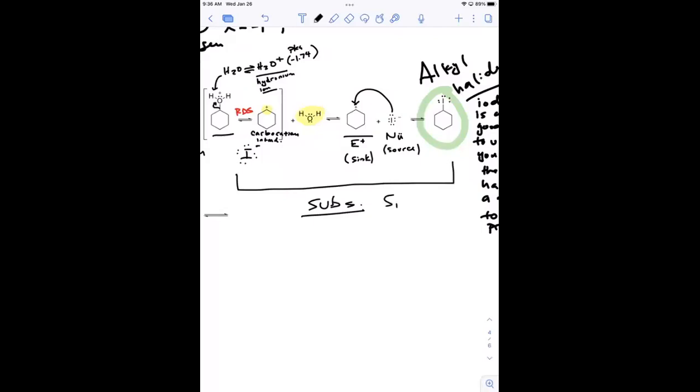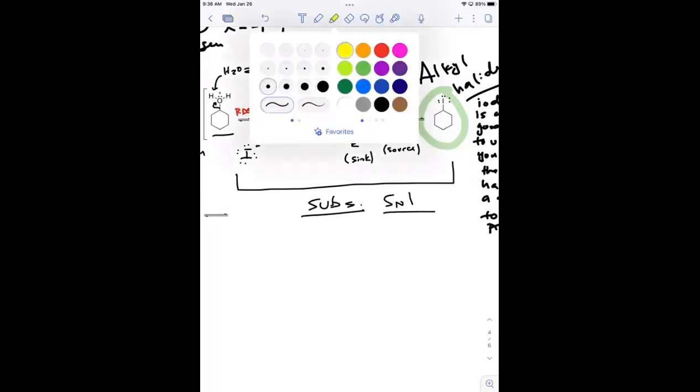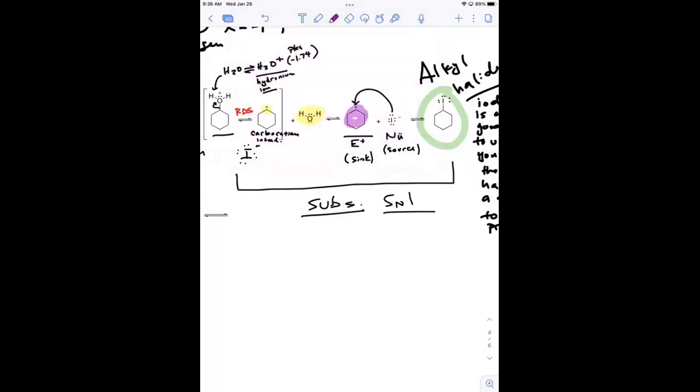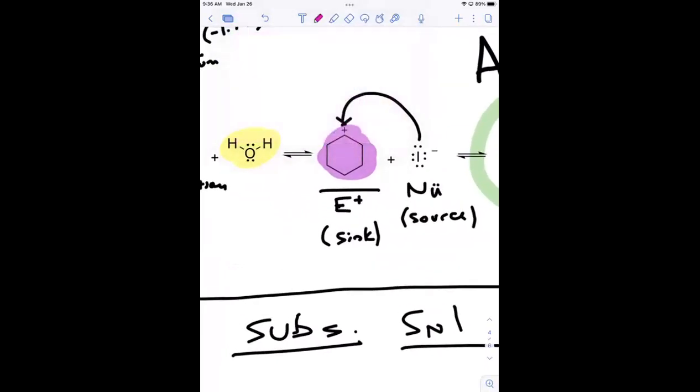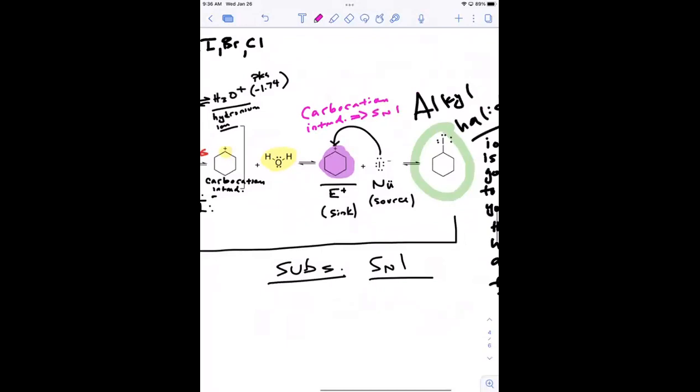Good. Anytime you see a carbocation intermediate involved in a substitution, that's indicative of it being SN1.